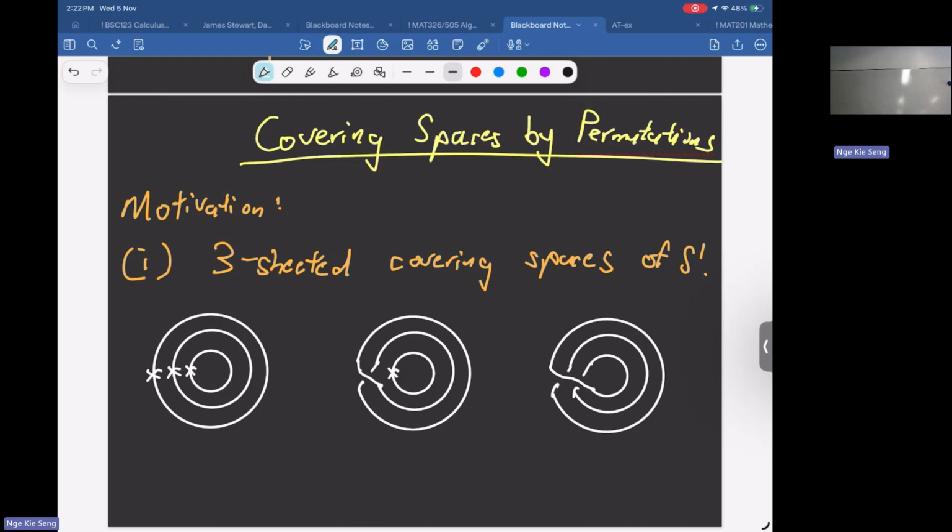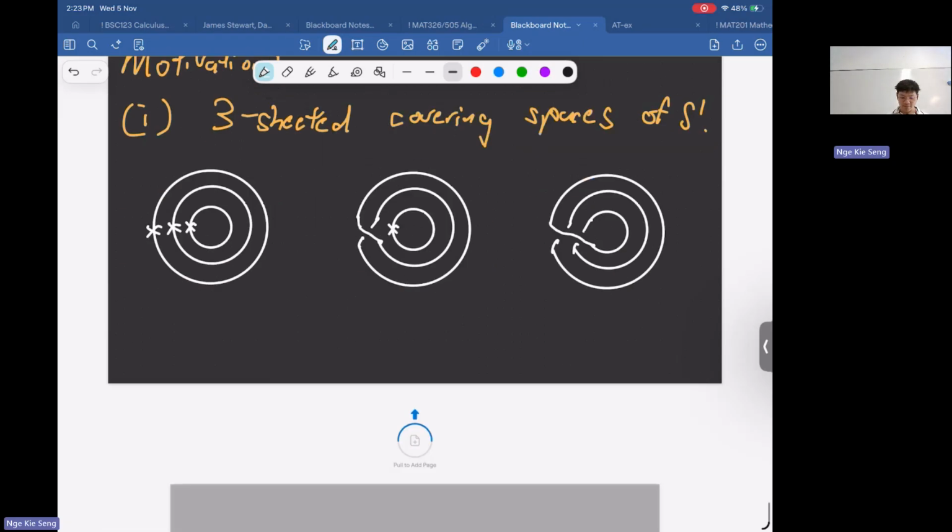And then this is like 1 to 3, 3 to 2, 2 to 1. But this is exactly the action you have if you take the loops acting on the pre-image of the base point. Correct or not?